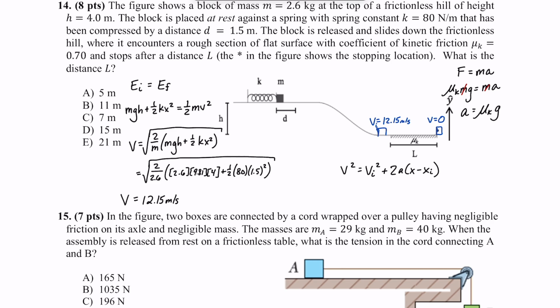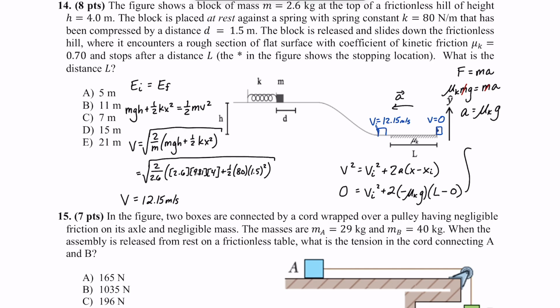My final velocity is 0. I know my initial velocity. My acceleration is in the negative direction because it's slowing my object down. The object's moving to the right, so the acceleration must be in the negative left direction. L is my final distance, and I can say I start at 0.